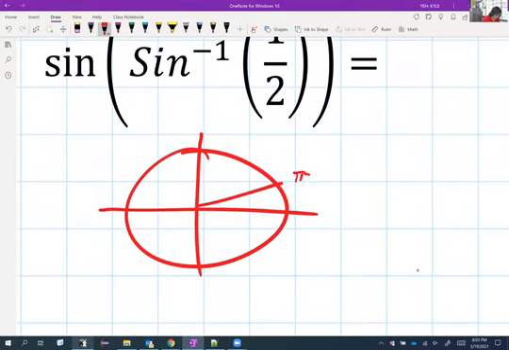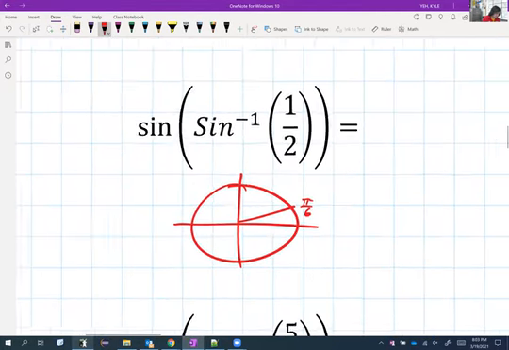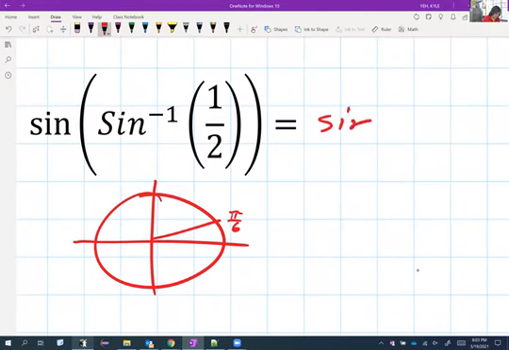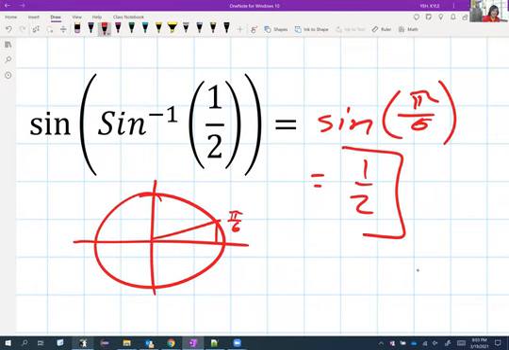Again, the y coordinate is 1/2, so pi over 6. So really, this is sine of pi over 6. So what's the y coordinate there? Well, we just kind of found it. It's 1/2. And we probably could have done this one just by saying sine, inverse sine, 1/2. Just showing you the long way around there.